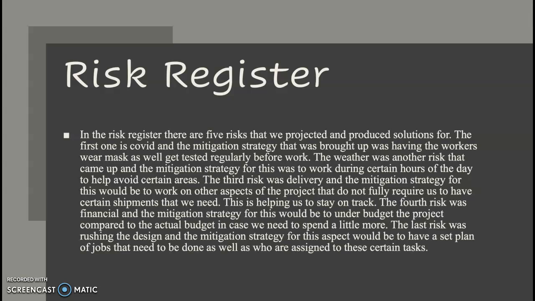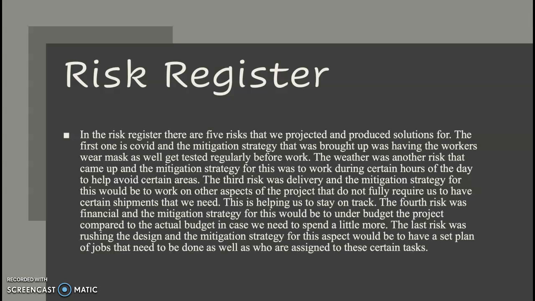The third risk was delivery, and the mitigation strategy for this would be to work on other aspects of the project that did not fully require us to have certain shipments that we need yet. This is helping us stay on track of the project and helping us keep moving forward so we can finish on time.